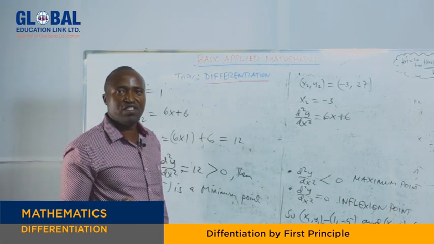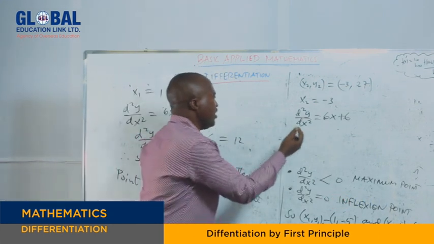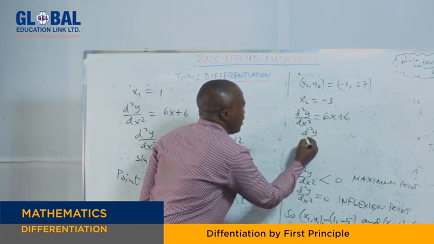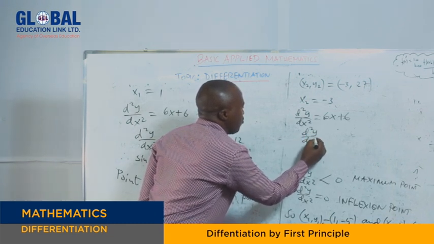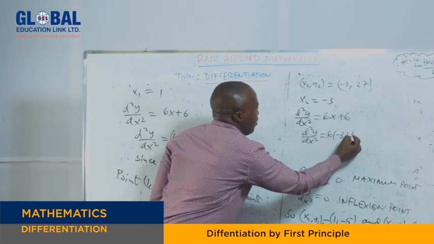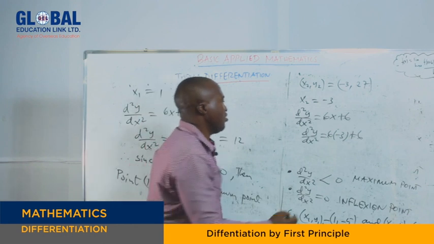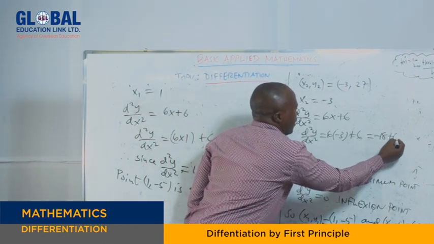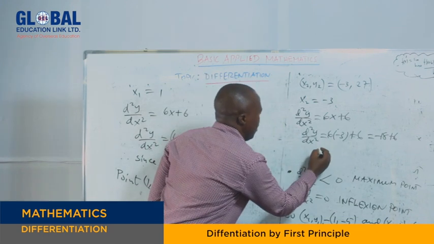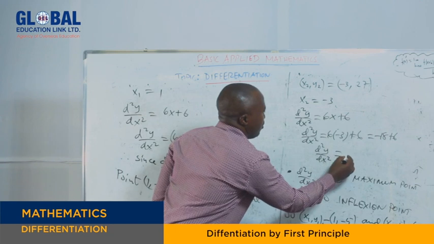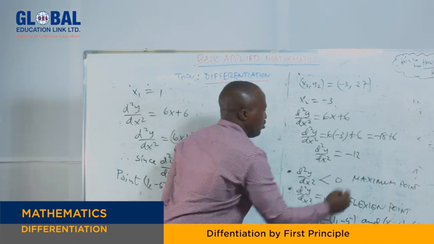That will be 6 times negative 3 plus 6, which is negative 18 plus 6. Therefore, the second derivative will be equal to negative 12.